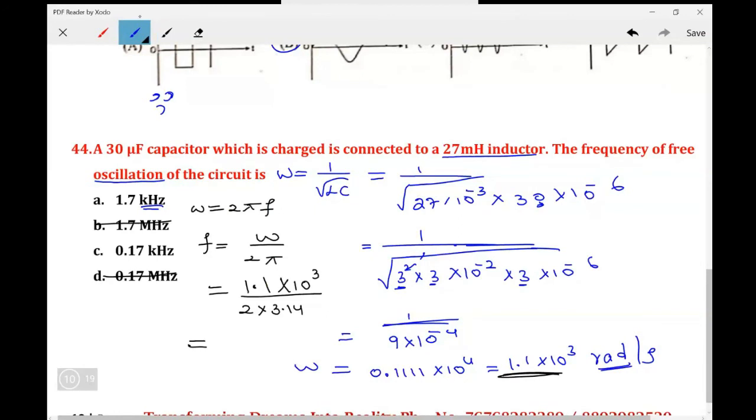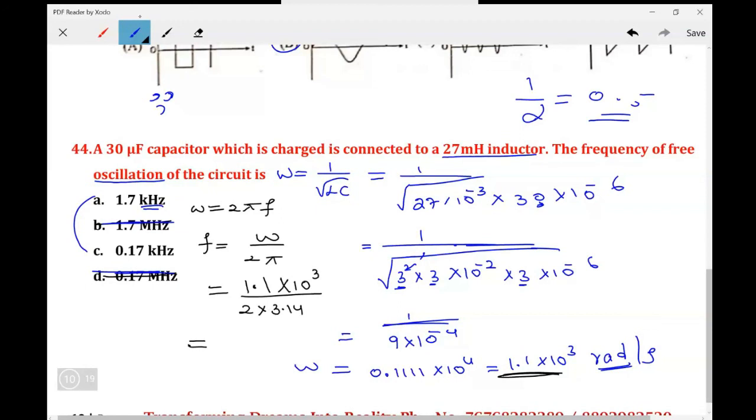You have to choose your answer wisely between 1.7 or 0.17. Look at the options: you are dividing 1.1 by 2, which means 1 by 2 would give 0.5. But now you are dividing approximately 1 by more or less 6, since 2 times 3 is 6.